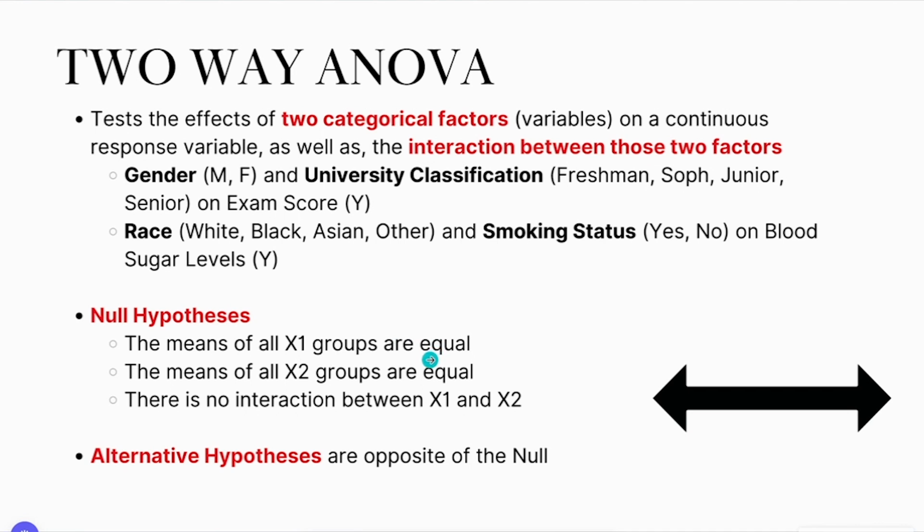Next, you're going to test to see if the means of the university classification groups are equal. And then finally, you're going to test that there is no interaction between gender and university classification. So all of these are our null hypotheses, and our alternative hypothesis is just going to be the opposite of that null.